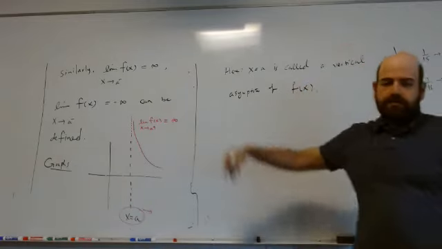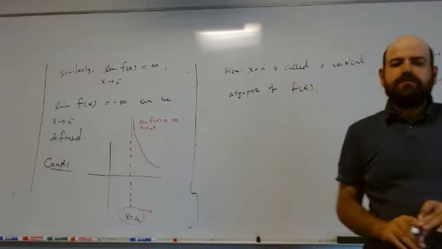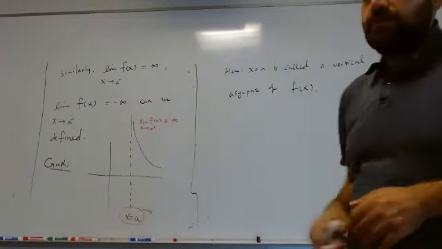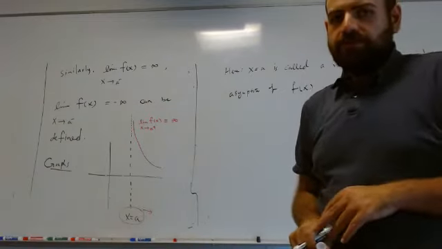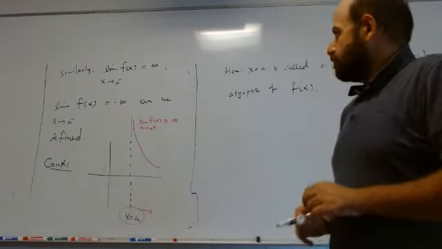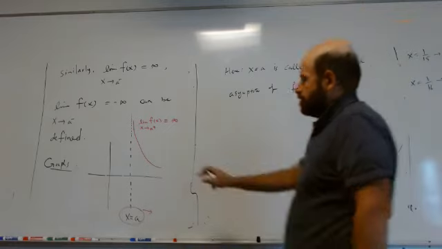It's vertical because it's a vertical line, and asymptote means the graph gets closer and closer to it, but it never touches it.